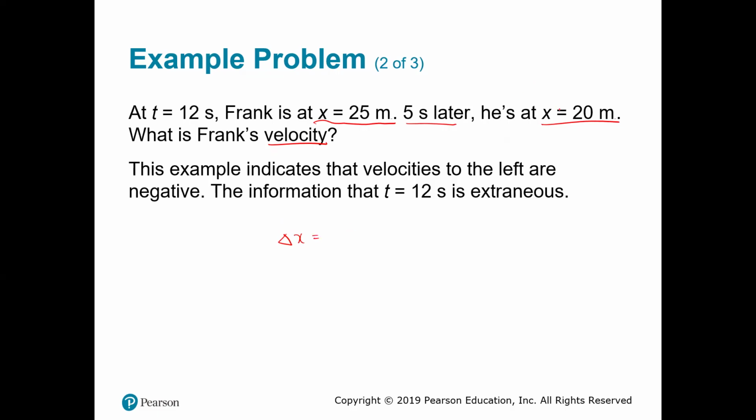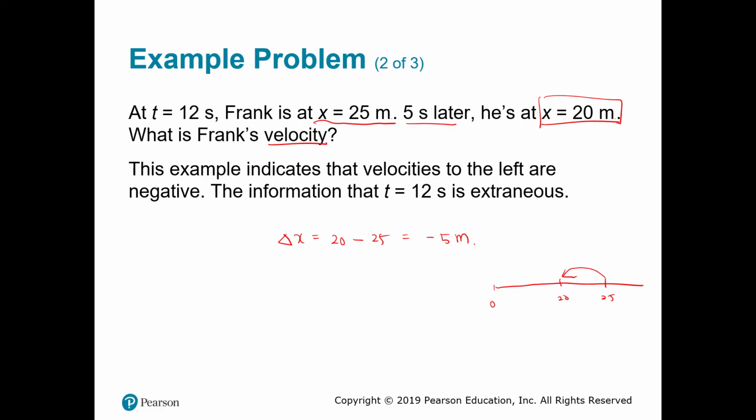Final position is minus 20... 20, and minus initial 25, so your displacement is minus 5 meters. That means Frank is moving to the left, right? You can check it quickly. He was initially at 25, and then finally 20, and somewhere here you have the origin, right? So Frank moves from here to here, so minus 5 meters, left, right?